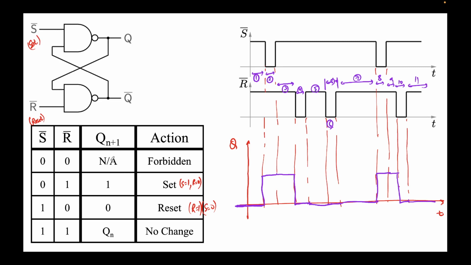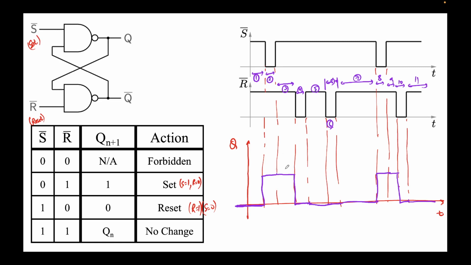Also note that Qn plus 1 depends on the present values of S and R as well as on some previous values. When there is no change, you have to know the previous values. If previously it was 0, it stays 0. Here it was again no change, but since the previous value was 1, the next was also 1.